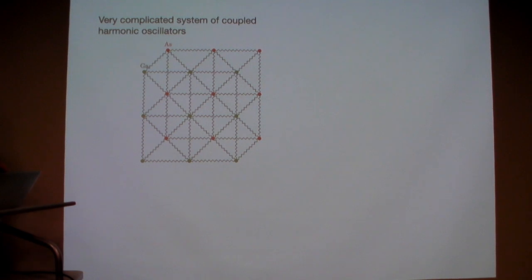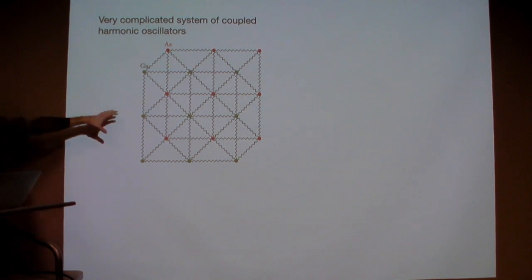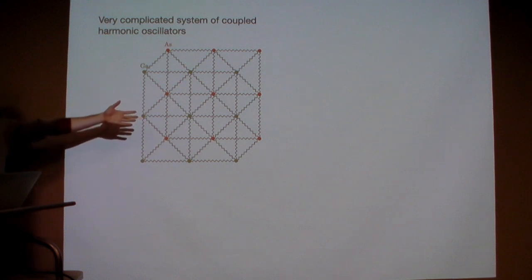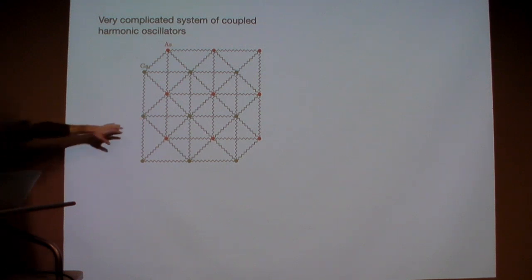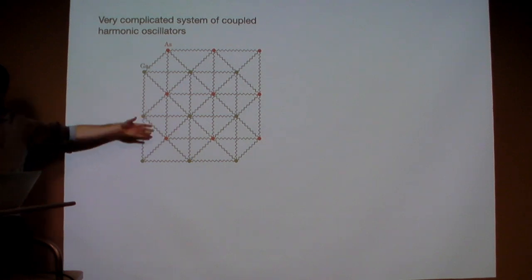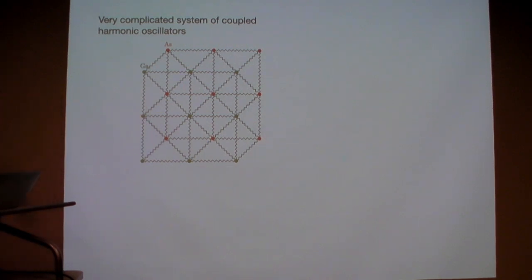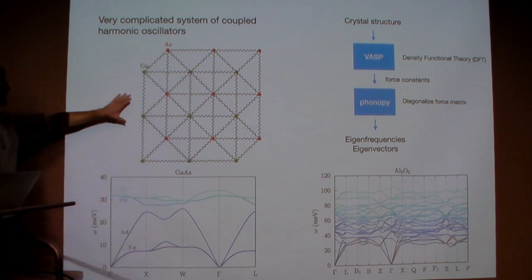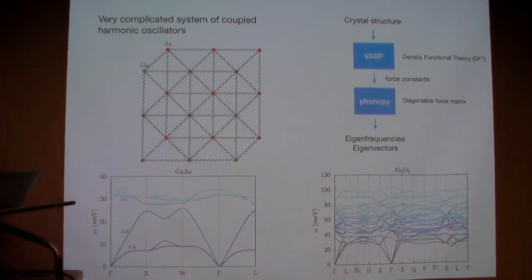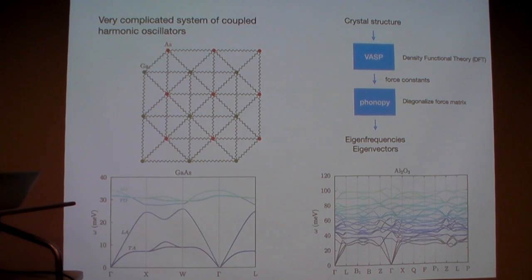And so you end up having a very large, complicated system of spring constants, if you take this to leading order in Hooke's law. You're going to diagonalize the bejesus out of this thing, and then you get the eigenfrequencies and the eigenmodes of this crystal. And this is how you do that: you run code, of course. This is a problem that's very well understood to high numerical accuracy in quantum matter physics.